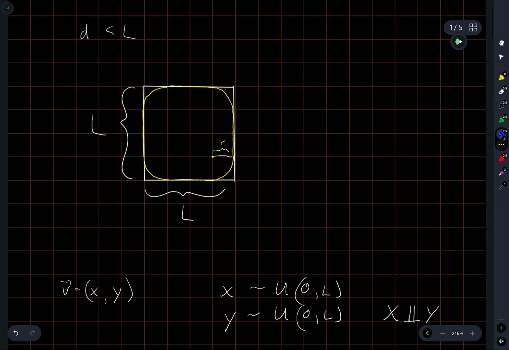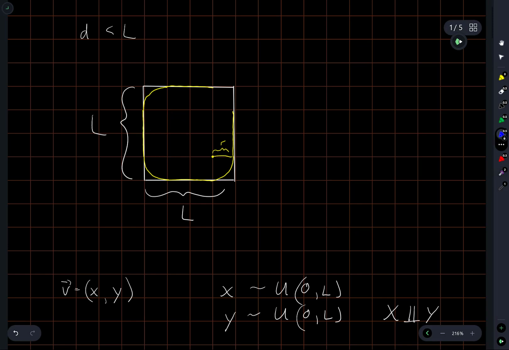Okay, so if the center of the circle lands anywhere inside this region, and I then draw the circle of radius r, it will not touch, or it will just exactly touch the edge of the square, right? At the extreme case, if we are exactly a distance r away from the edge, then our circle will look like this, and it's just touching the edge at this point.